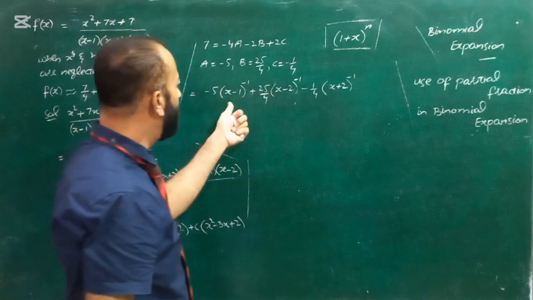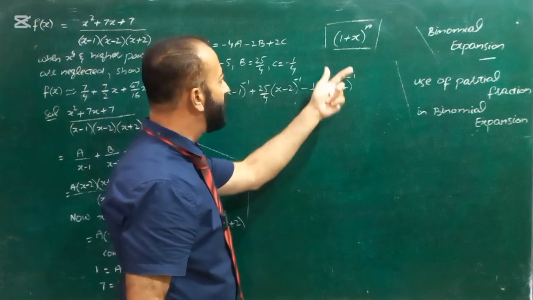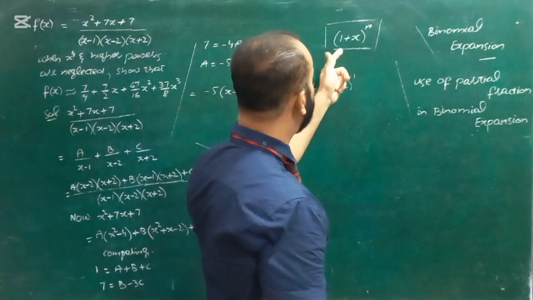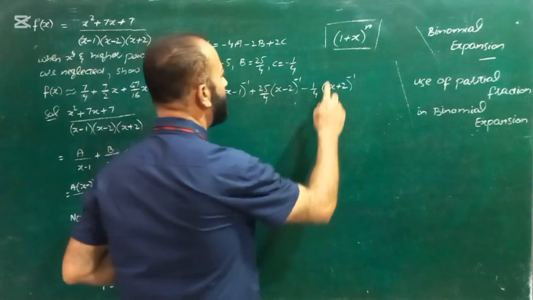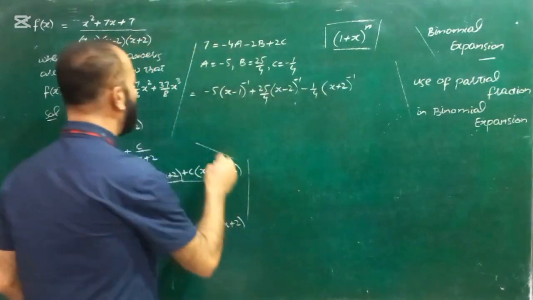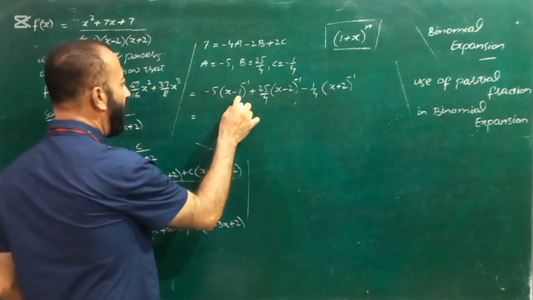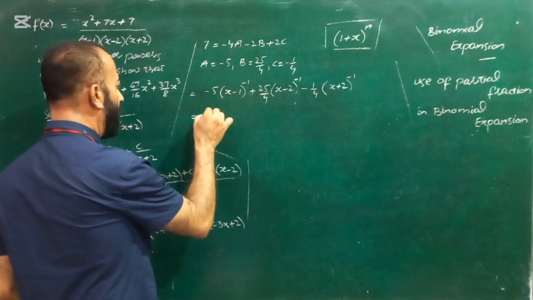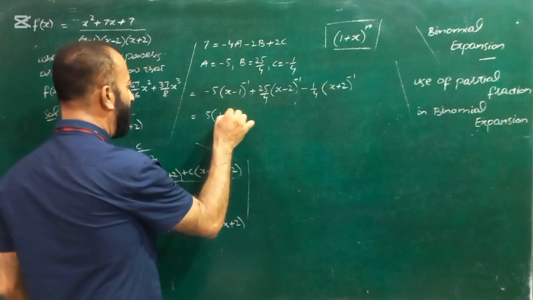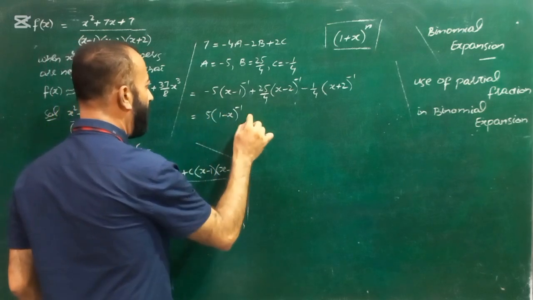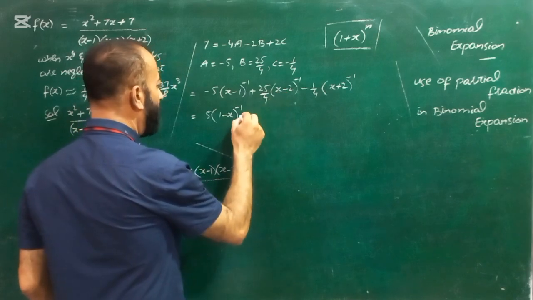So now we will give these expressions the shape of the binomial expansion. The binomial expansion's general form is 1 plus x raised to the power n. So we will take minus common from here, so it will become positive. So 1 minus x raised to the power minus 1. From here again minus will be taken.